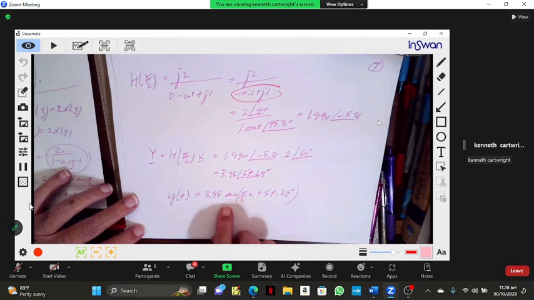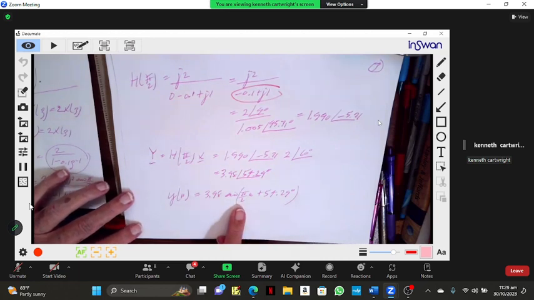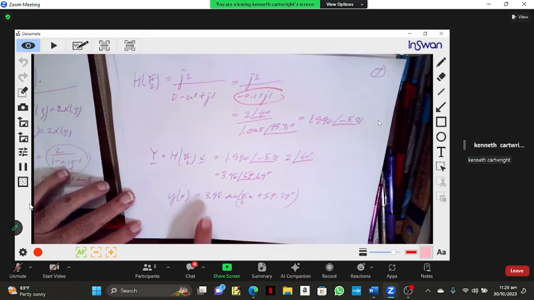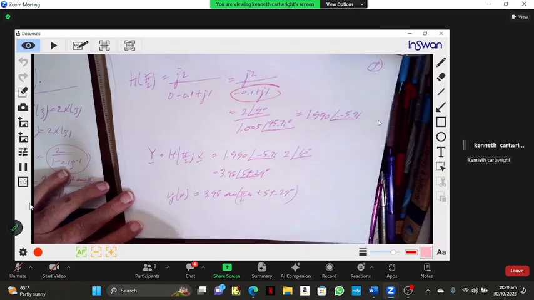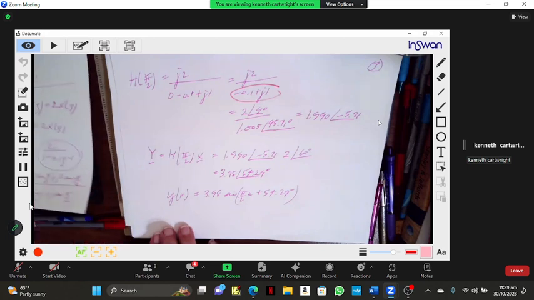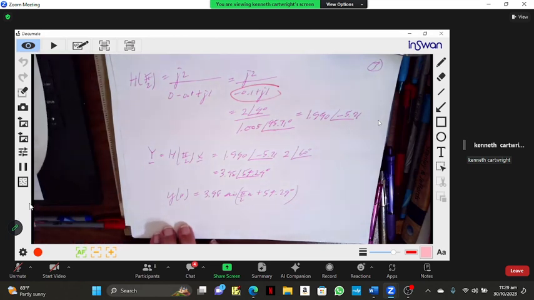So this is the sine response then. Y of n is the sine response due to the input 2 sine pi over 2 n plus 60 degrees. Any questions or concerns?